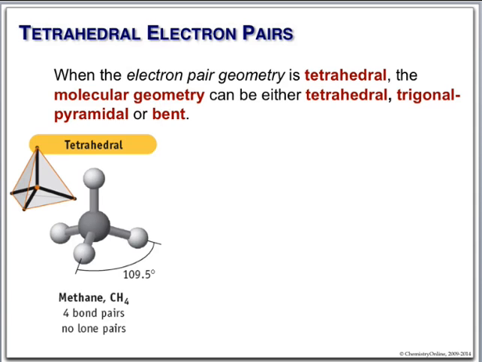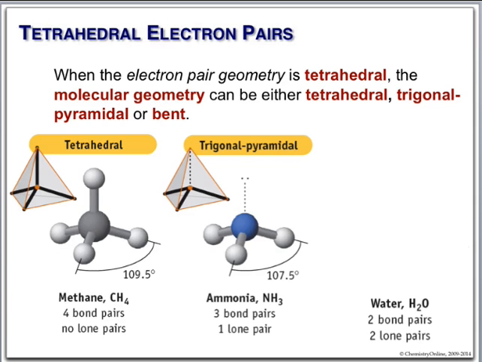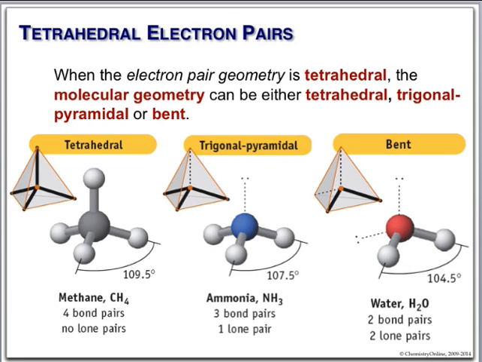If we have 4 things, we can have a full tetrahedron. 3 things is pyramidal, and 2 things is bent. We will see that the fact that water is bent is one of the things that makes water such a powerful solvent, something that we literally cannot live without. And it's simply because of the geometry.